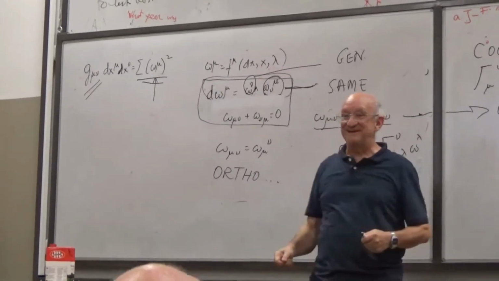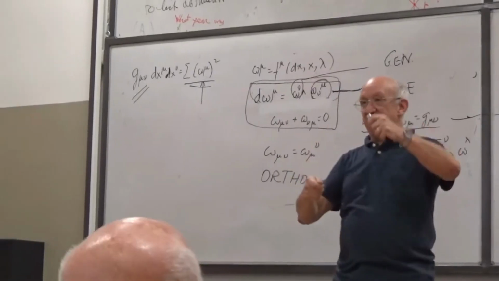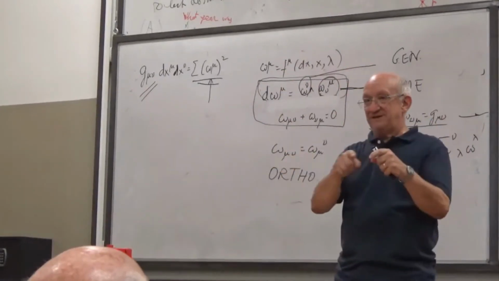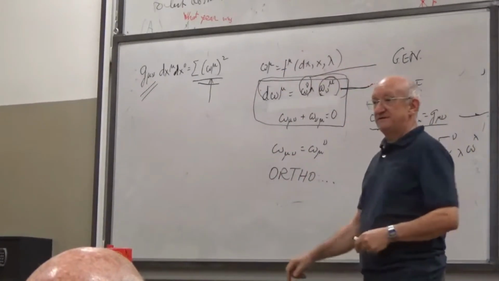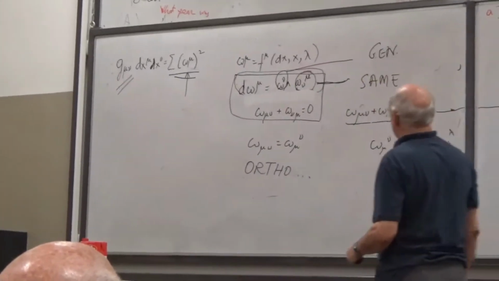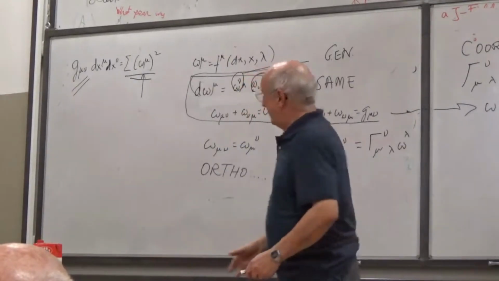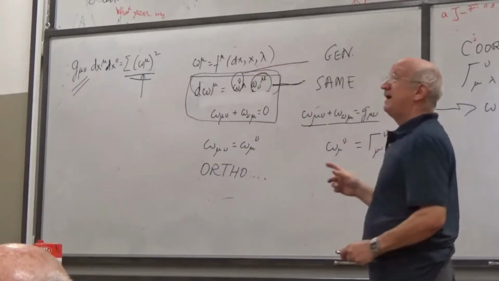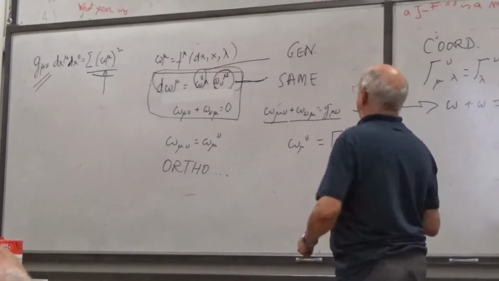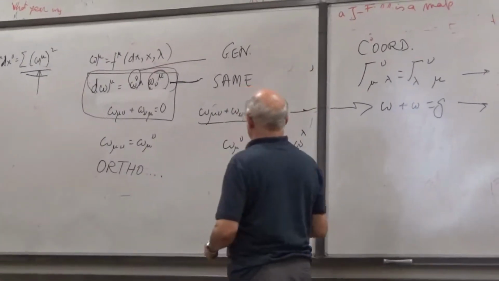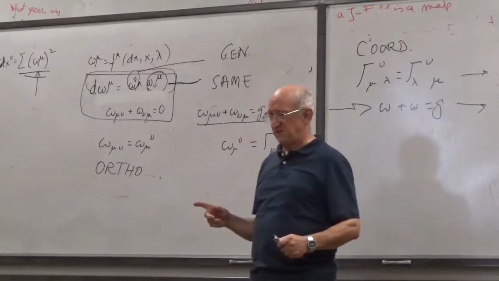Use the symmetry, you have the sum, do the sum, and at the end, that's what comes out, the expression for the omega. But one minute, because even though color uses coordinate basis, he doesn't use inspection.